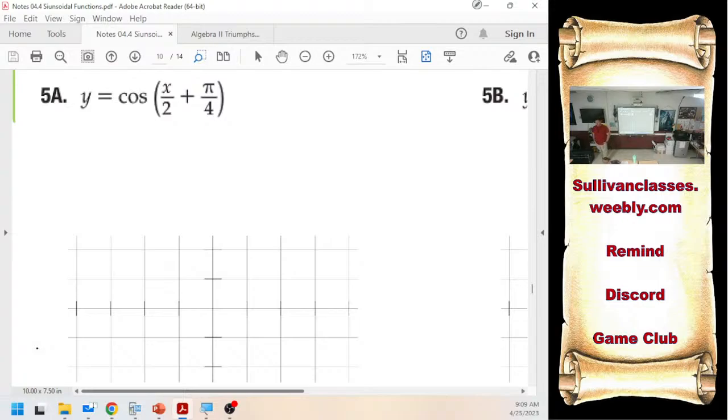Are we willing to try, or do we need to see it again? Okay. So, step 1. Amplitude is 1. Vertical shift is 0.